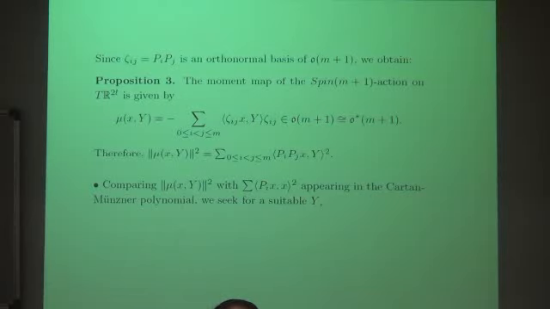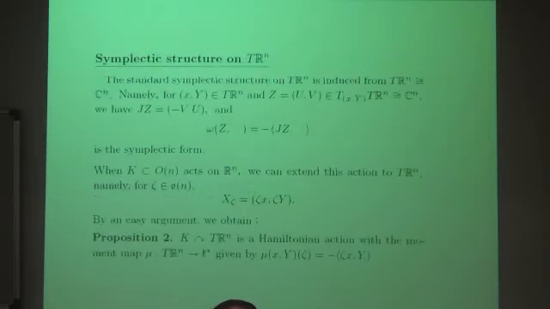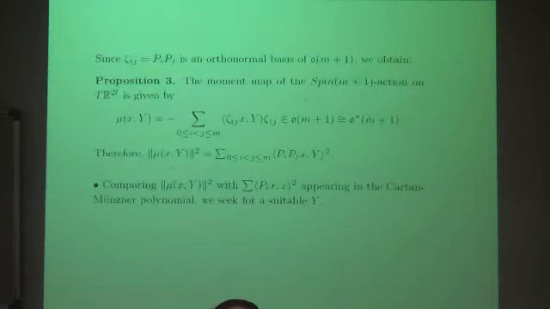So we just apply this argument to our spin action. And in our case, PiPj, which we denote by zeta ij, is an orthonormal basis of this Lie algebra. So we express this moment map with respect to the orthonormal frame. Then we obtain this formula.